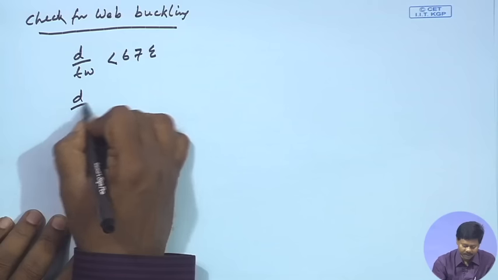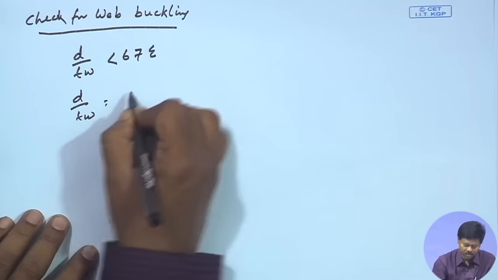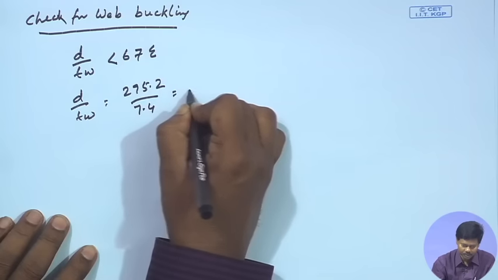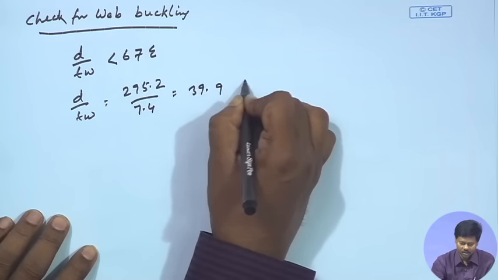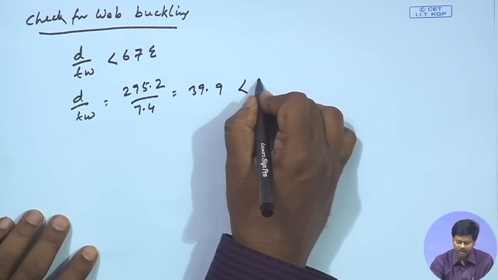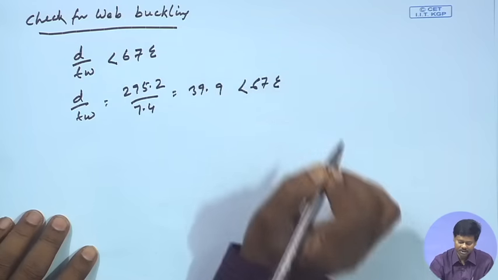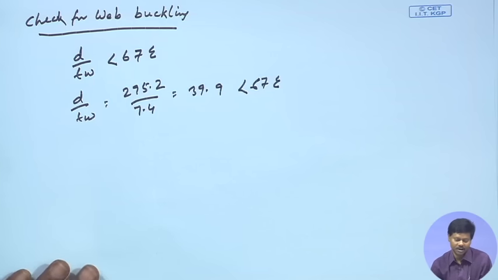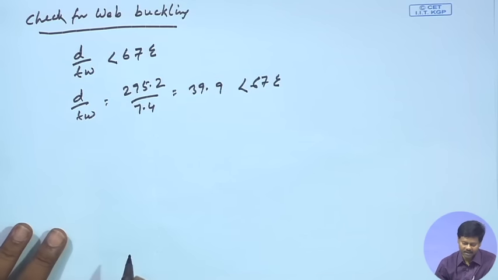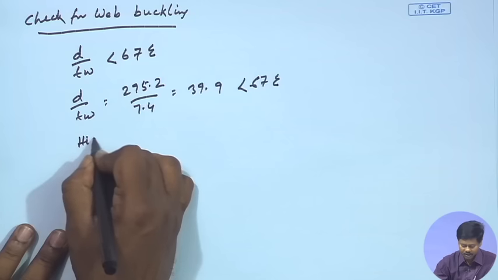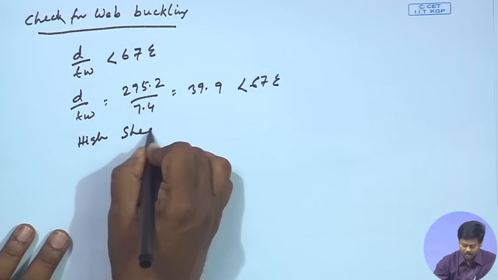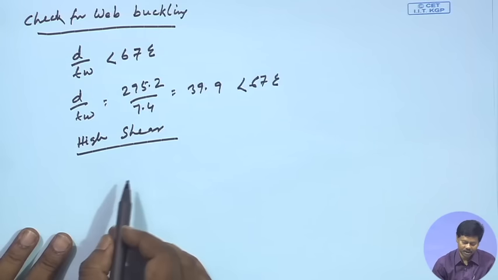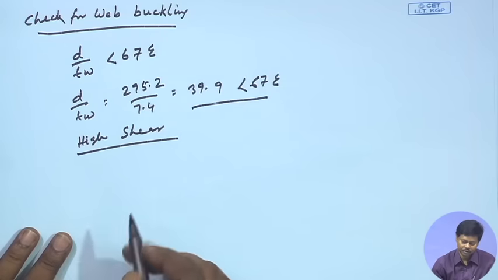Now, here d by tw is becoming 295.2 by 7.4, which is 39.9, and this is less than 67 epsilon. So, in fact, web buckling check is not required in general. However, because of high shear we need to check this, right. As high shear is present, we have to check. In case of low shear, we do not need to check this.